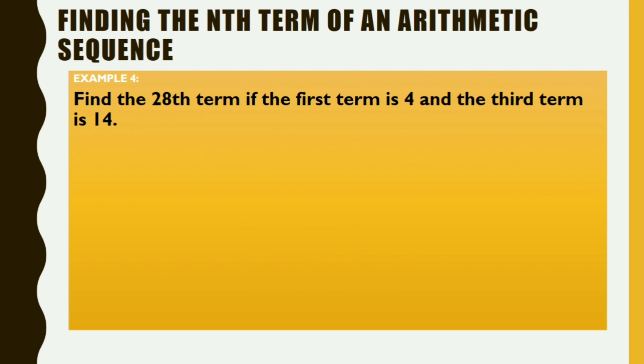Number 4 example. Find the 28th term if the first term is 4 and the third term is 14. We can't directly get the 28th term since we don't have the common difference. Therefore, we will find first the common difference given the first term and the third term.